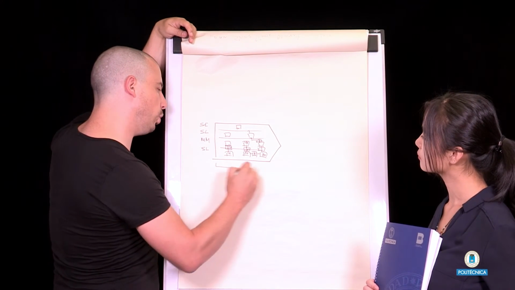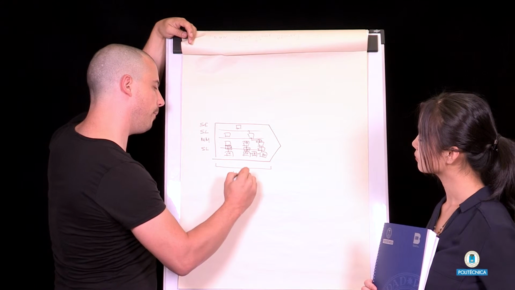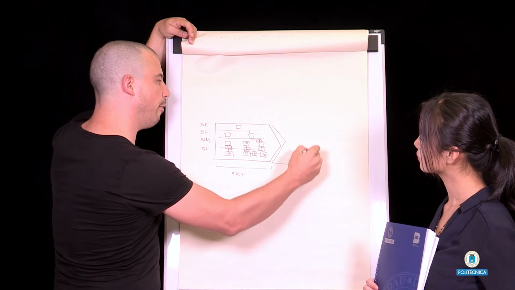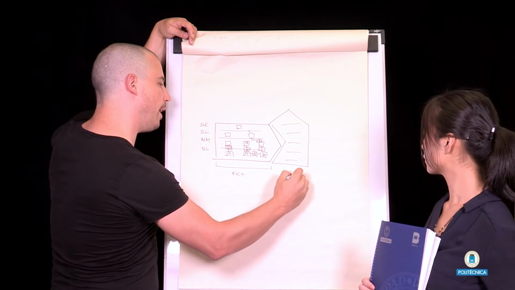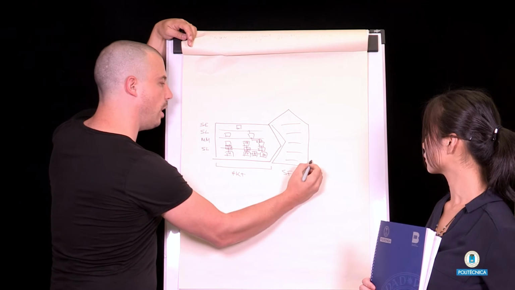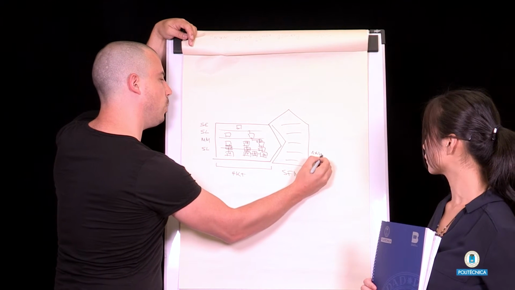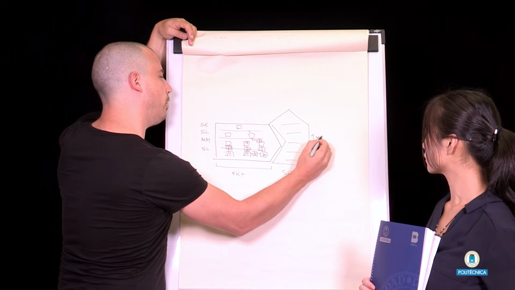After implementing the HOSHIN KANRI tree, we create a shop floor management structure that goes once a day, once a week, once a month, every quarter.